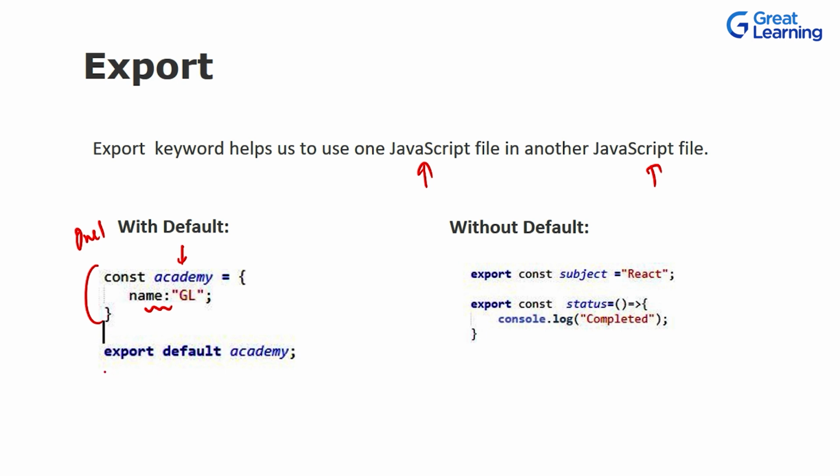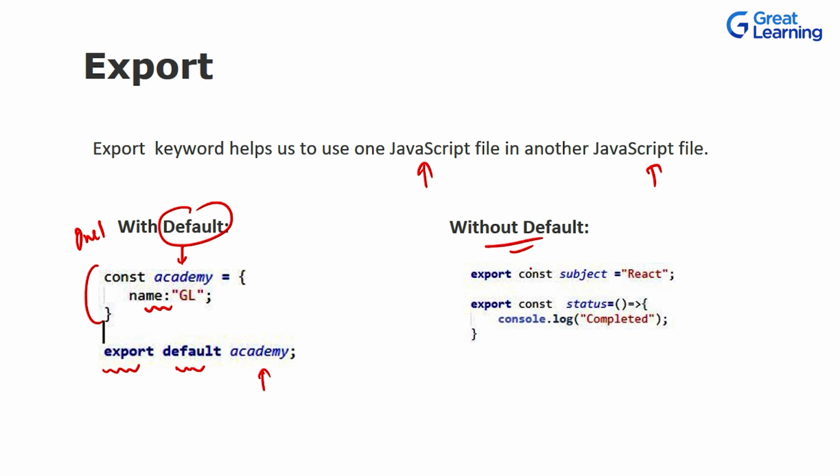So we use this keyword known as export, and we have it available in two versions. One is with the default keyword and one is without the default keyword. If we use the default keyword, then there is a different way of importing it and using it in that different file. So we use the default keyword over here and then the name of the object.